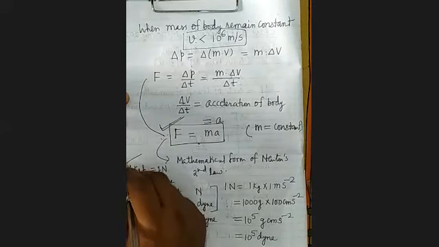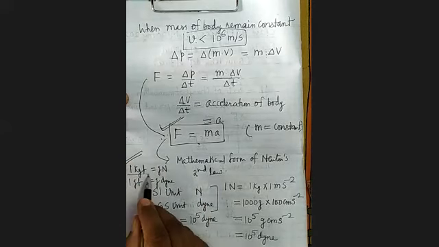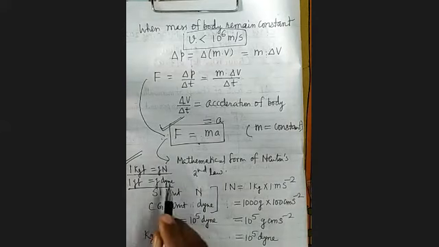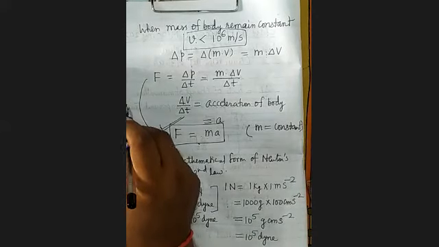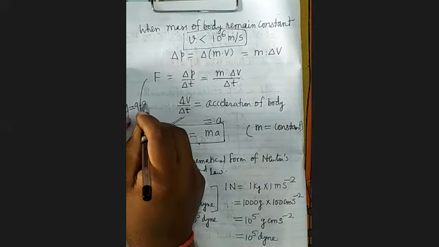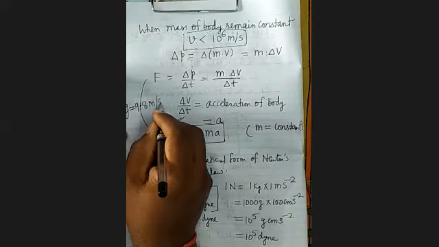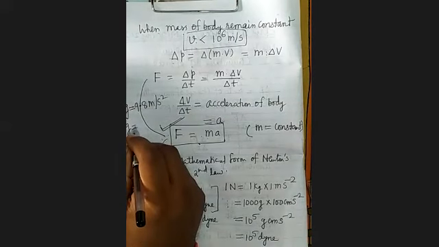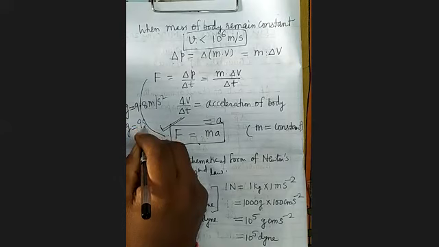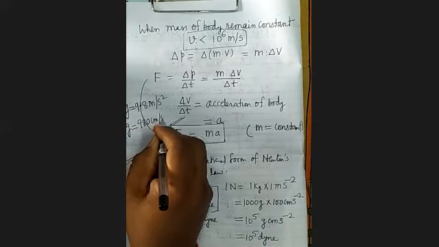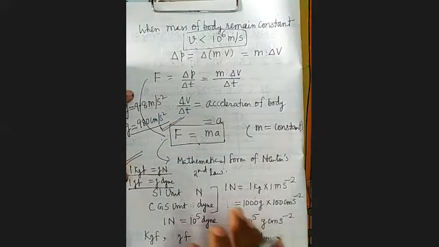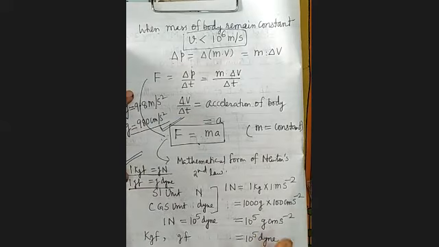This is in the MKS system, that is SI unit, and this is in CGS unit. What is the approximate value of g in SI unit? 9.8 meter per second square. In CGS unit, it is 980 centimeter per second square. So all these things are very simple. Many times you have studied them in class 9th and 10th, so I am not going into this.